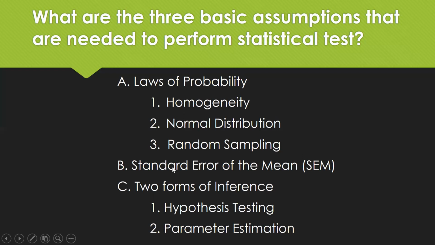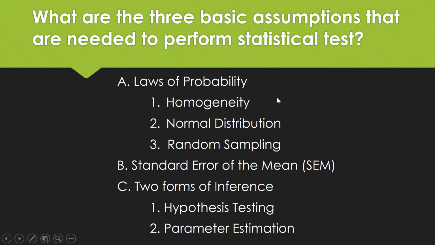And then the second basic assumption is that there's standard error of the mean, and the third, let's go with that there's two forms of inference, which are hypothesis testing and parameter estimation. But when I was thinking about this question that I asked you, I was primarily thinking about the laws of probability and these assumptions that a sample is homogeneous, that it is normally distributed, and that it's random.